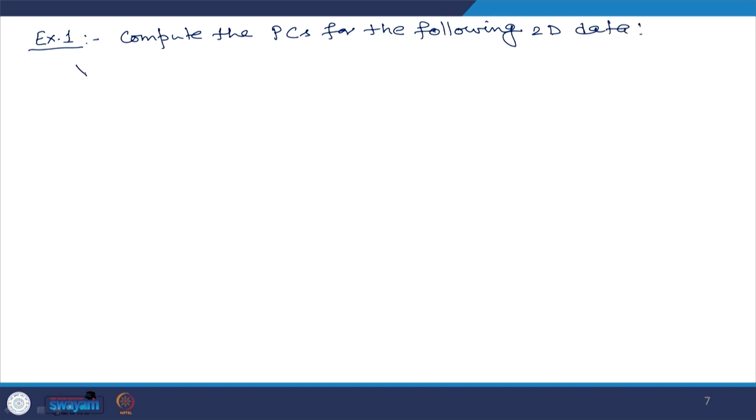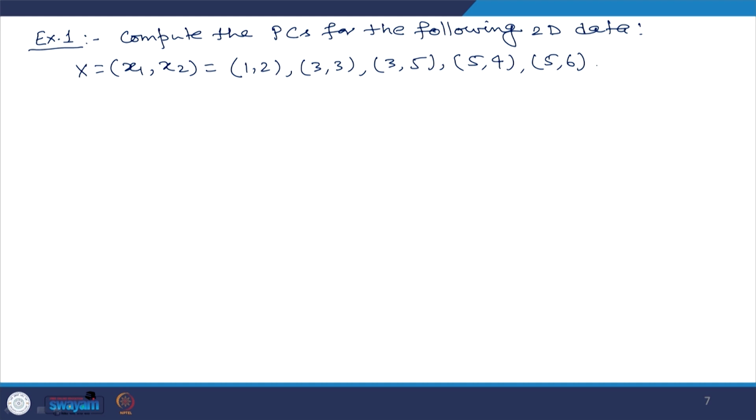So, data is x equals to x1 x2, and these are points given by 1 2, 3 3, 3 5, 5 4, 5 6, 6 5, 8 7, and then 9 8.